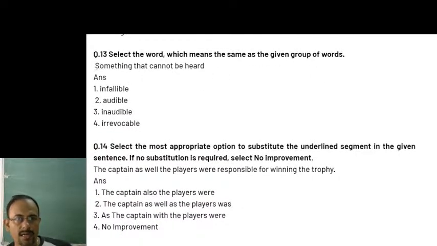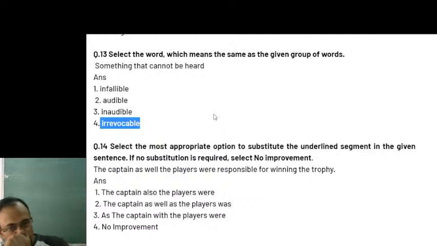Next, select the word which means the same as the given group of words. Something that cannot be heard. Infallible, audible, inaudible, irrevocable. Which one do you think is the correct answer? Question number 13, 1, 2, 3, 4.